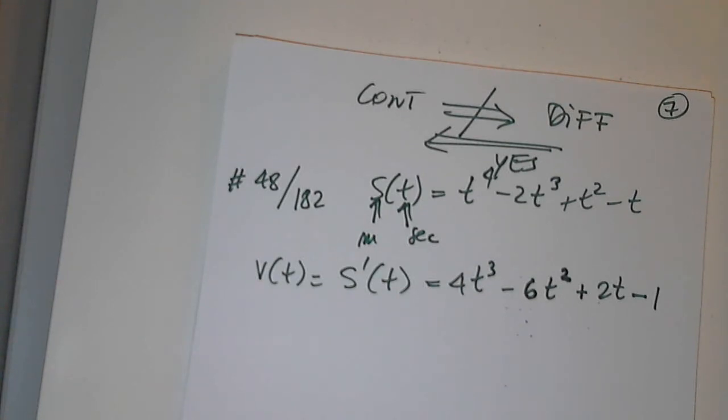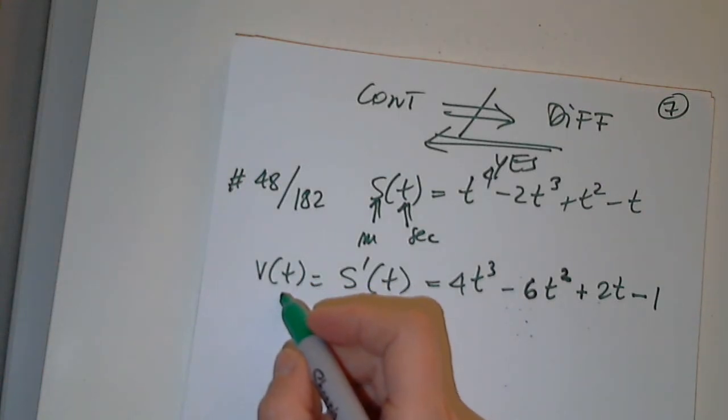Is that clear? Then we bring down the power, multiply it by 2, and subtract 1 from the power. And then we bring down the power and subtract 1 from the power. And when we differentiate negative t, we get negative 1. Better? Very good.